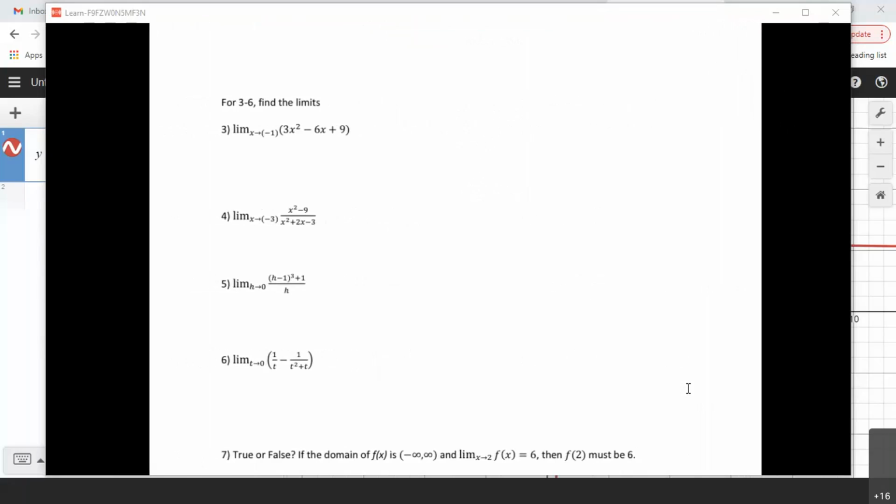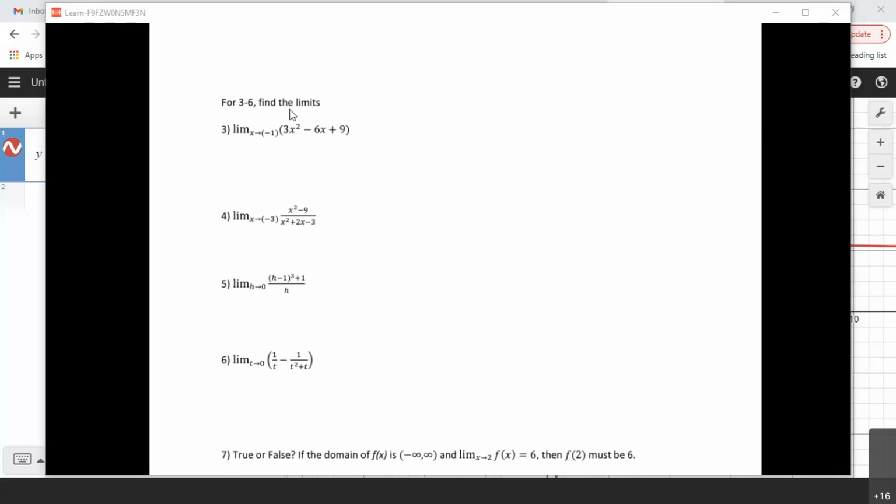The rest of 3 through 6 are finding limits algebraically. Is there any rule that says you can't graph these? Of course you can graph them.